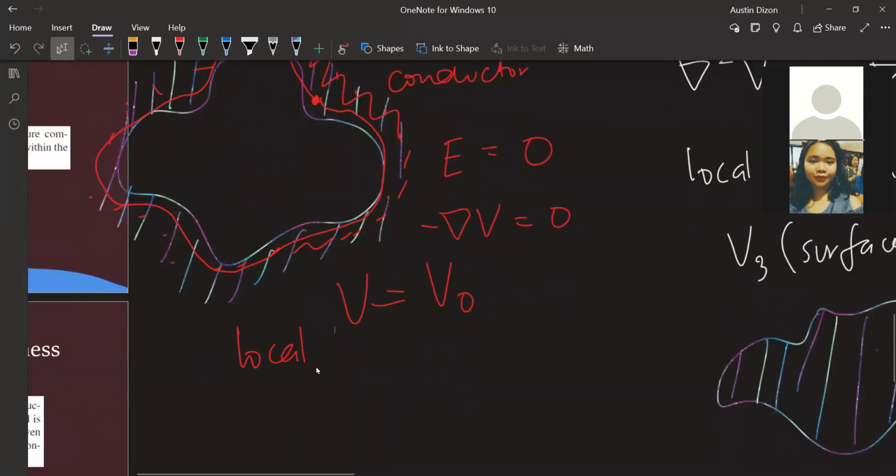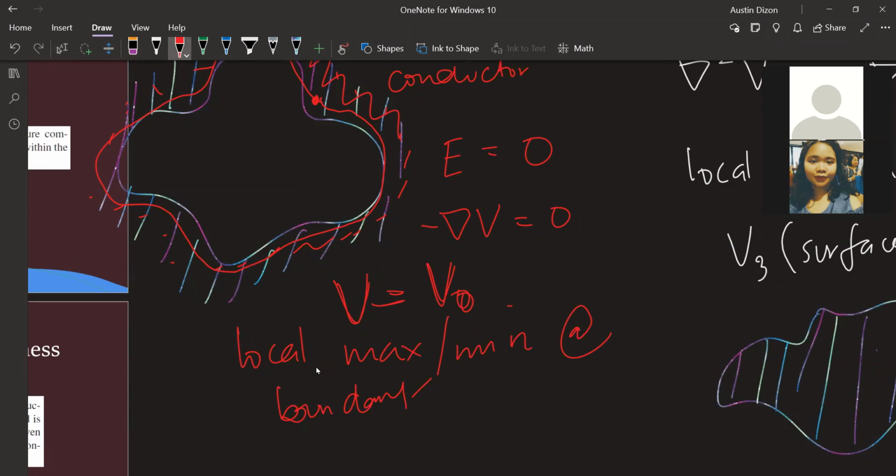Local max and min, again, only at the boundary, when your Laplace equation holds. Okay? And since your boundary is V naught, then this is your max and min, because it is at the boundary.